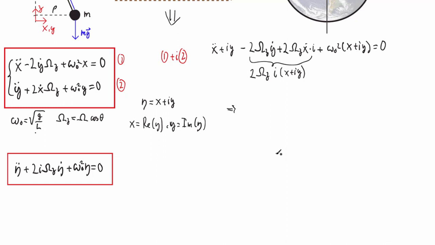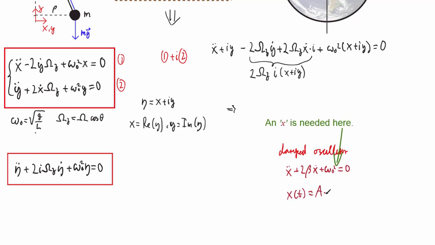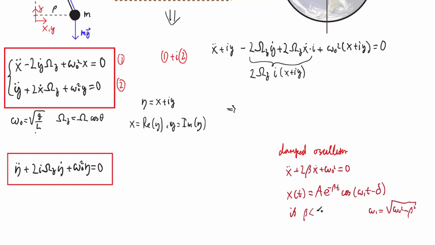Just to remind you, if you have a damped oscillator, its equation looks like this, and it has the solution where omega 1 is the square root of omega naught squared minus beta squared, if beta is less than omega naught.